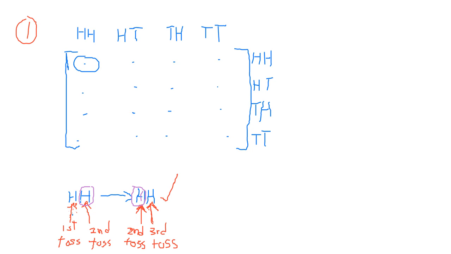And with what probability do you go from an HH to an HH? That's right, 50%. Good. So that's 0.5.